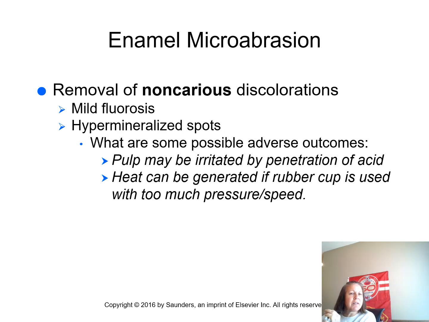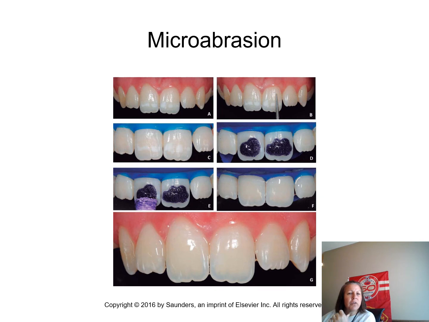Microabrasion is another technique that's used to remove non-carious discolorations from possibly mild fluorosis or little hypermineralized spots. So what that is, here's a picture. You can see the white spots on this patient's teeth, and they have isolated with a rubber dam around the teeth. You see the blue in image C. On D, you can see that coarse material that is placed on the tooth.